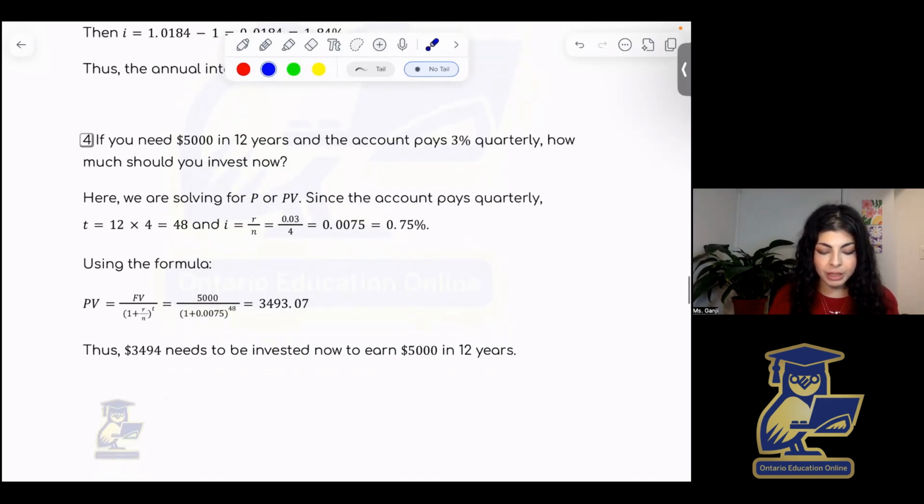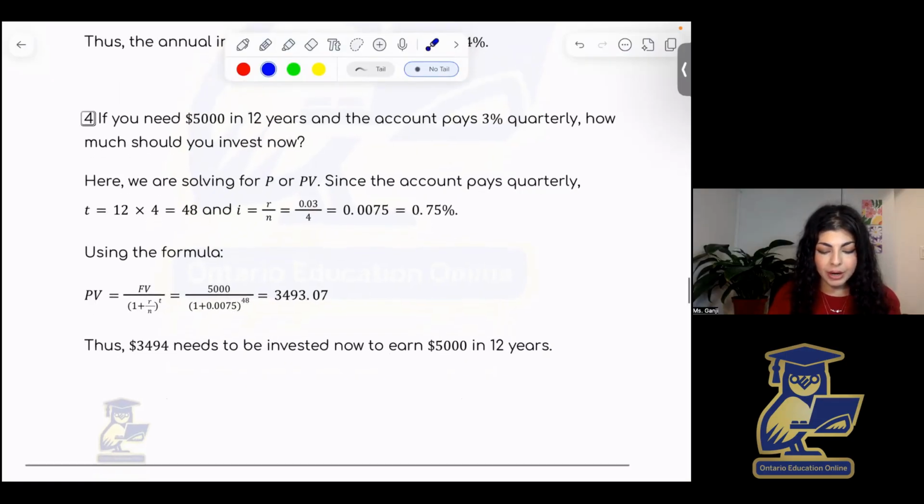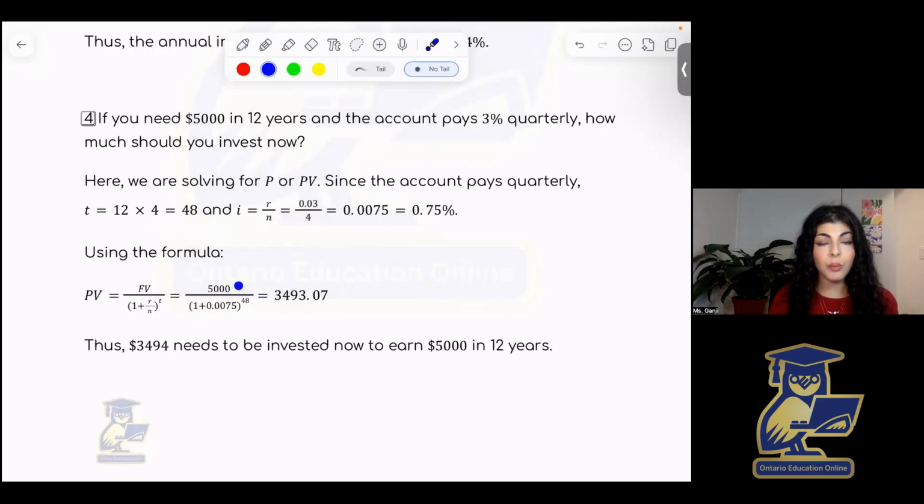Now using our formula, the present value is going to be equal to $5,000, which is what we want in the future, divided by 1 plus 0.0075, that's 0.75%, compounded 48 times. And the value here is 3,493.07.